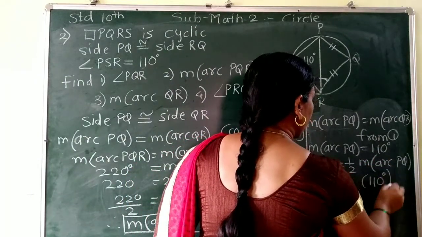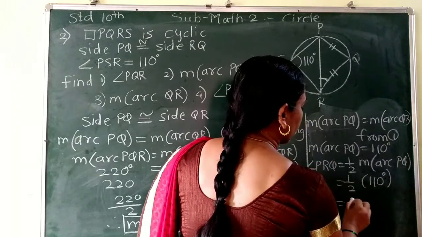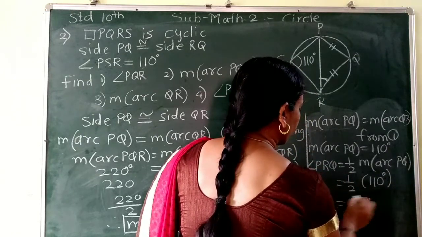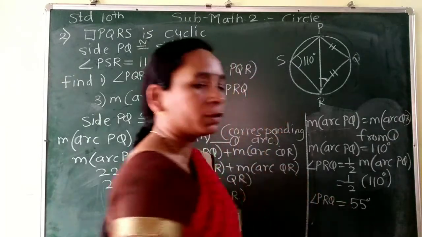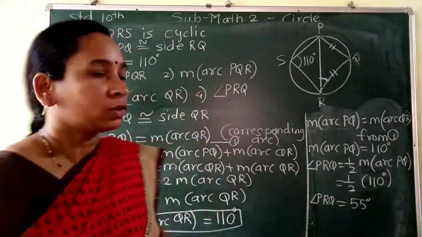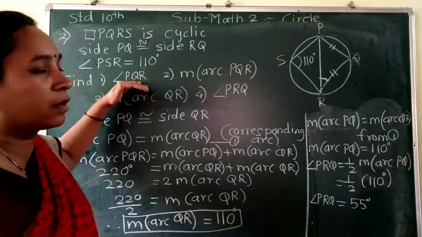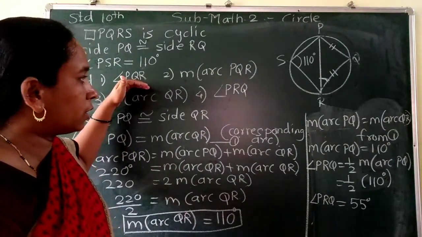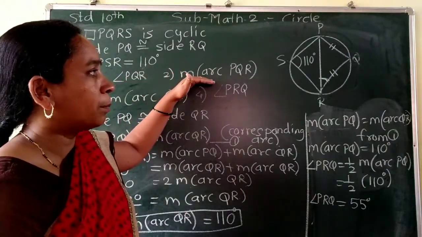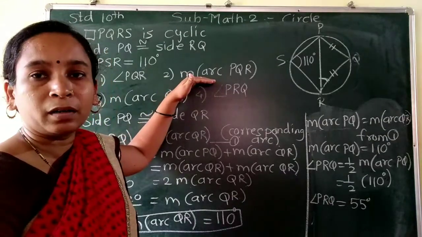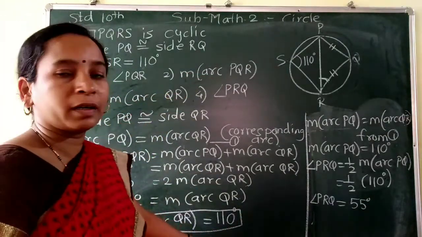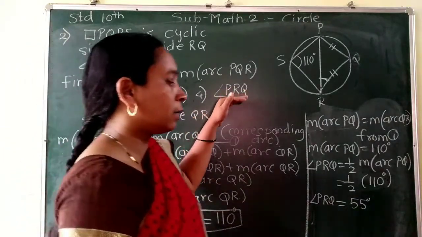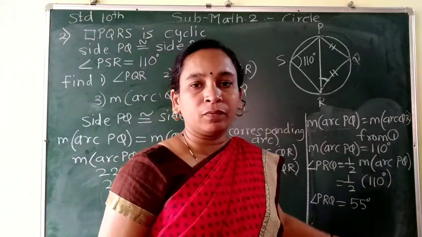If you solve it, you will get the answer 55 degrees. Angle PRQ is equal to 55 degrees. So students, here we have found angle PQR is 70 degrees, the measure of arc PQR is 220 degrees, arc QR's measurement is 110, and angle PRQ is 55 degrees.